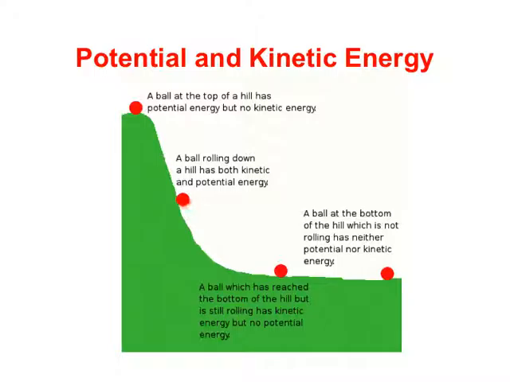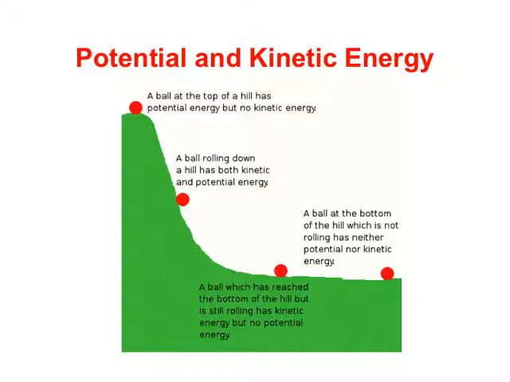So right here, it's got both kinetic and potential energy. Then it keeps rolling here. When it reaches about here, it's got the most kinetic energy. And then when it keeps rolling and comes to a stop, now it has the most potential and no kinetic energy. Because it's not moving.